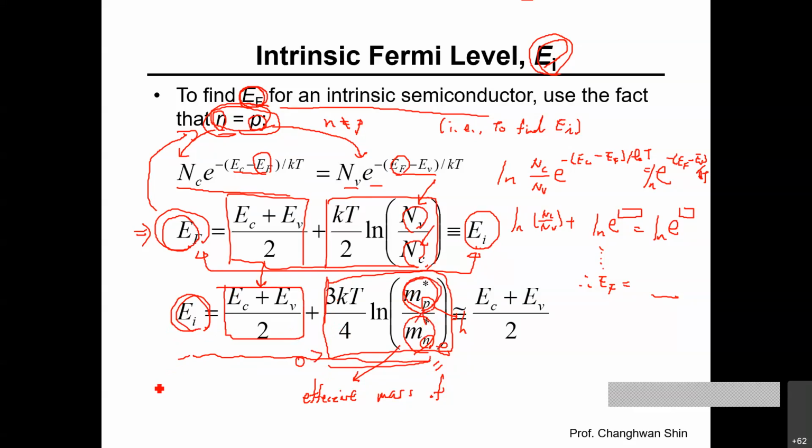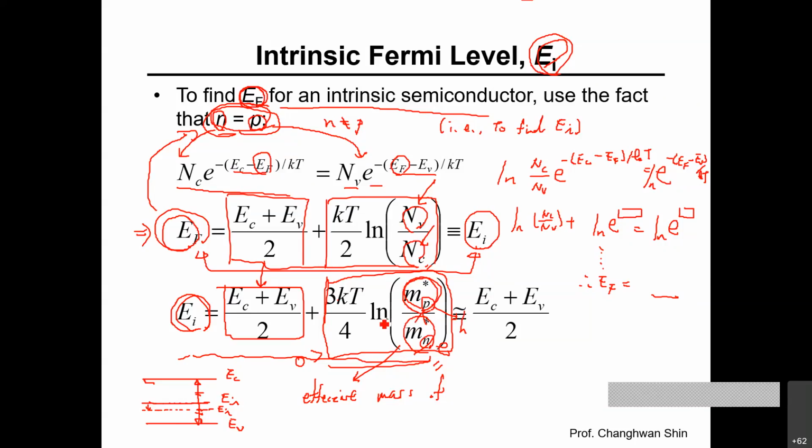So if I draw E sub C, E sub V, and here is the intrinsic Fermi level, this E sub I is approximately in the middle, but more precisely, E sub I is slightly lower than the exact middle point. So E sub I is placed near the midpoint, mid gap, but slightly lower than it.